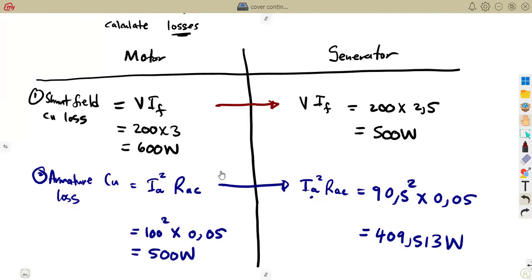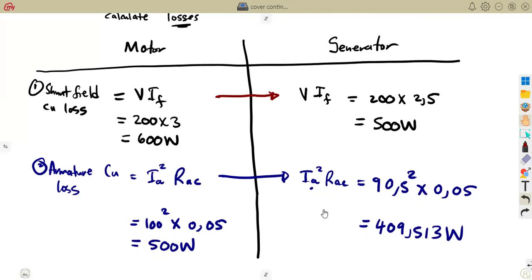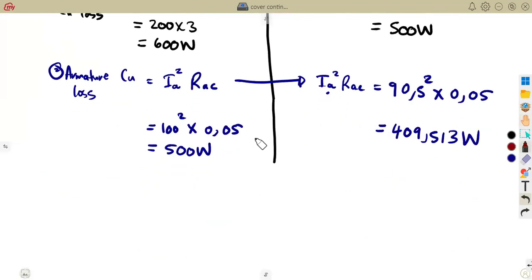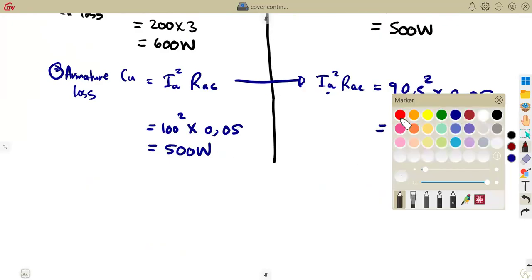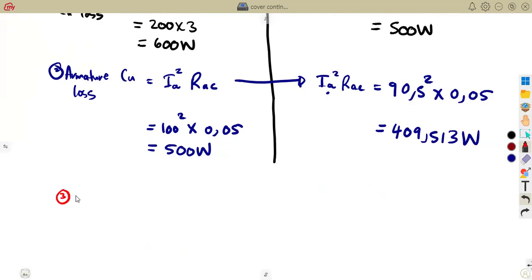Why? Because we will need these to calculate the iron, friction and windage losses, those other losses, because you need the total copper losses. So I said, guys, for each machine, we are going to need C. We need the third one, which is C, the iron, friction, and windage losses.